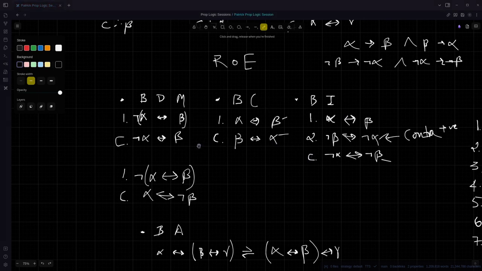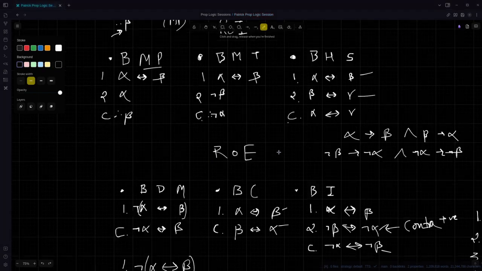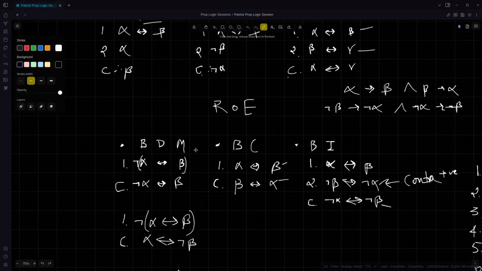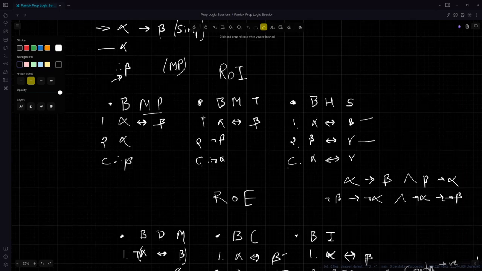I think that should be good. Hopefully, we are done with all the rules of inference with respect to biconditionals. It's pretty straightforward, nothing very complicated. We did the biconditional modus ponens, the biconditional modus tollens, and the biconditional hypothetical syllogism.